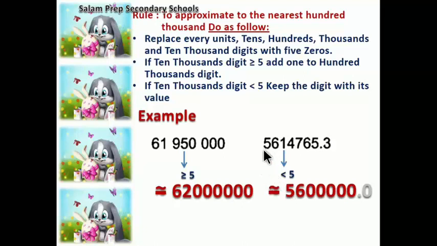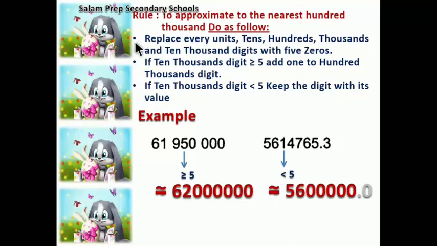So 5,614,765.3 is approximated to the nearest 100,000, which is 5,600,000. Please remember this rule. To approximate to the nearest 100,000, do as follows.